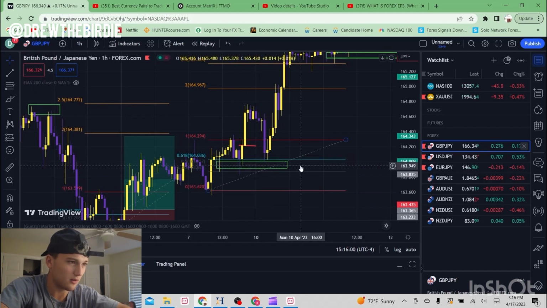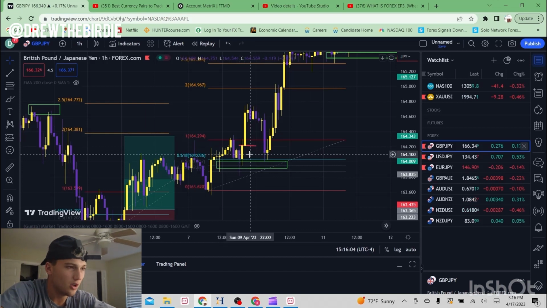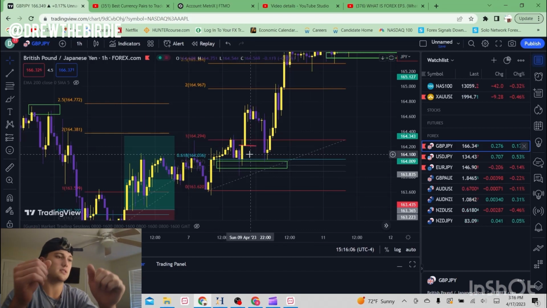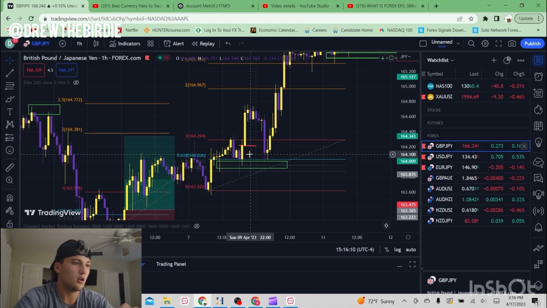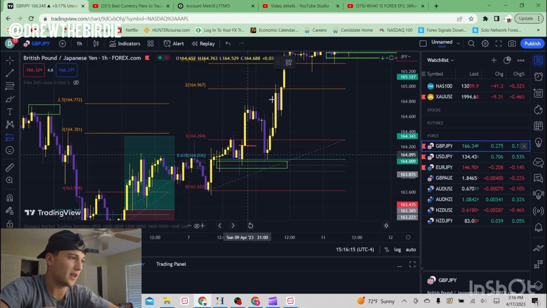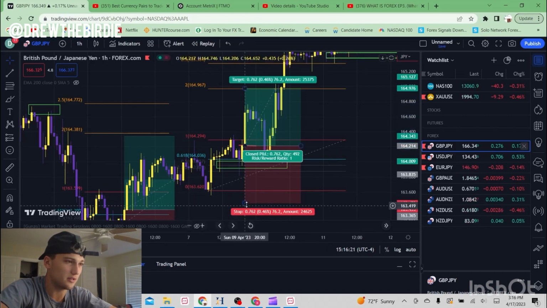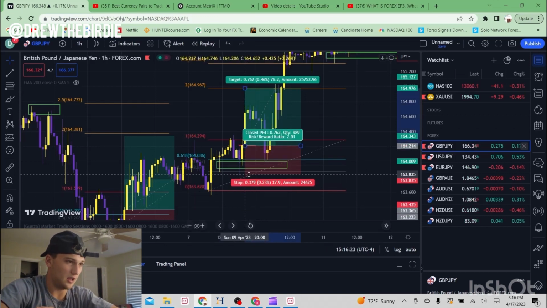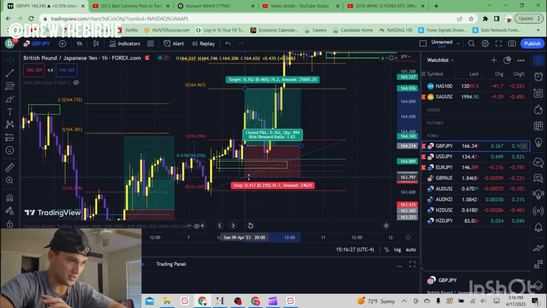So I drew an order block of all these wicks showing me that price wanted to go down but is getting rejected. You see an engulfing candle, which means that there's more buying pressure than selling pressure, which is signaling it to go upwards. So I'm saying the price is going up, and I would buy right there where that little trend line is. And I need a 2-to-1 risk to reward ratio.